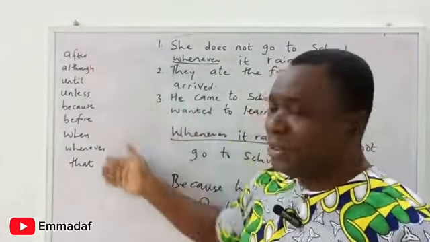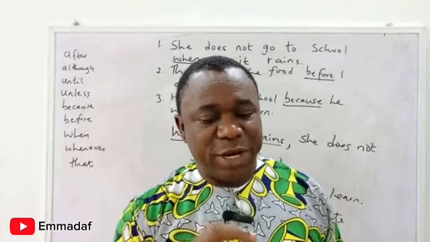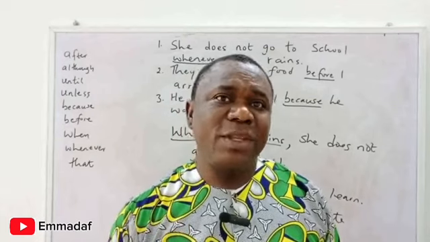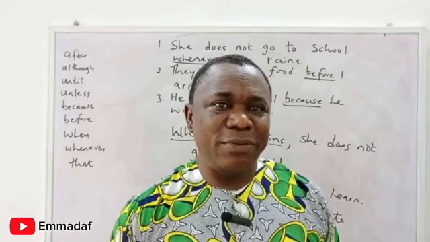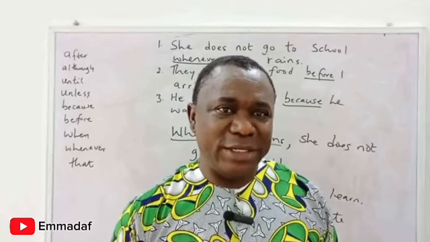So any of these subordinate conjunctions can begin a sentence, provided when you finish the subordinate clause, you must separate it with a comma. I say, and I insist, it is desirable. It gives some kind of flavor to your writing.